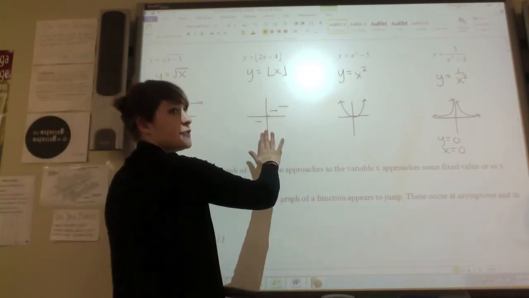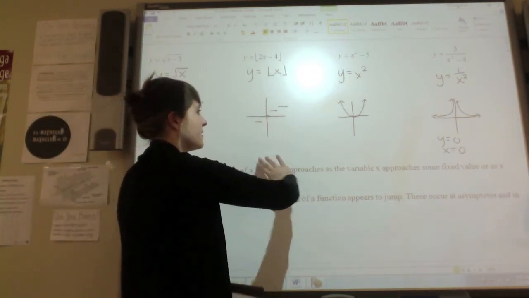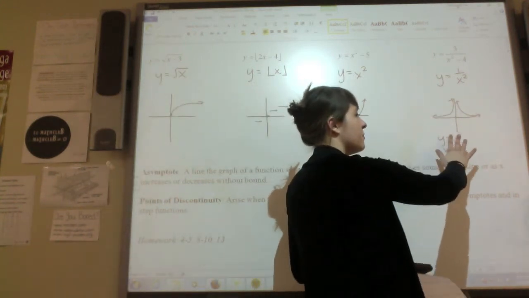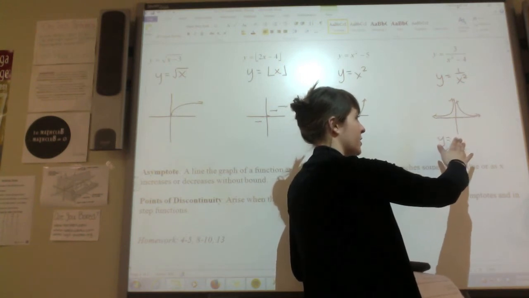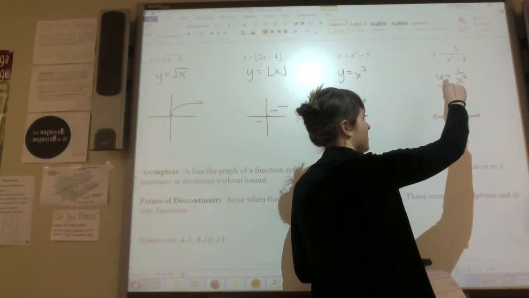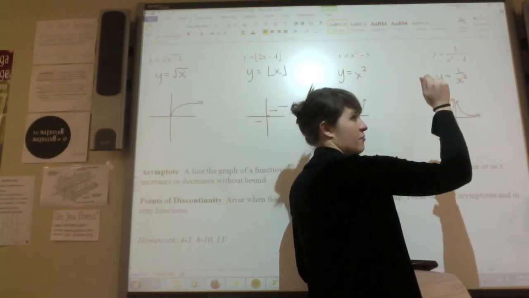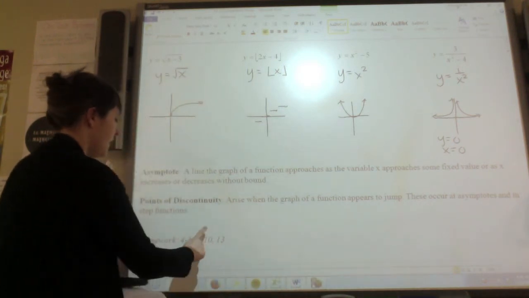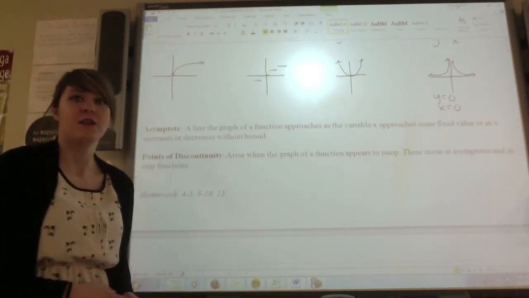This one does, but it doesn't have any asymptotes. This one has no points of discontinuity at all. And this one has points of discontinuity at the asymptotes. So like right here, that would be a point of discontinuity because when I'm trying to graph it, I lift up my pencil off the paper. All right, and that is everything for section 1.